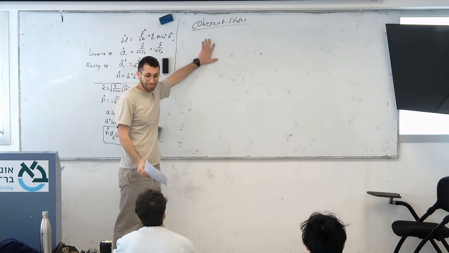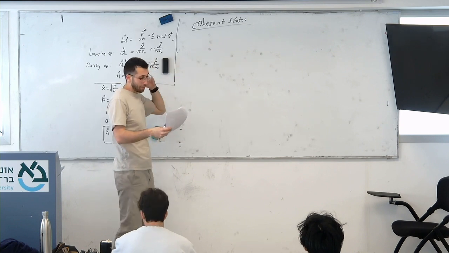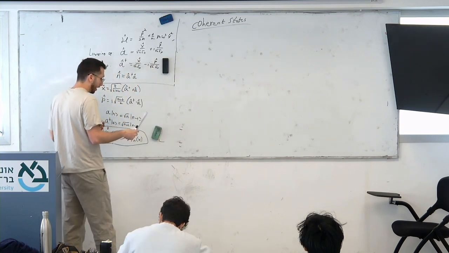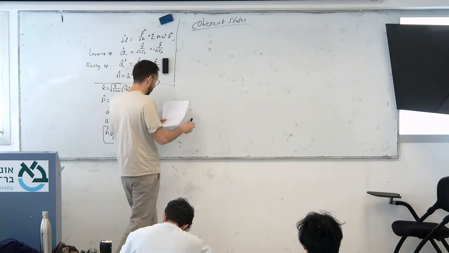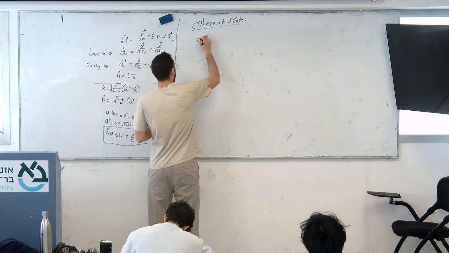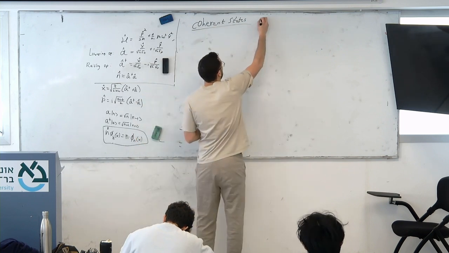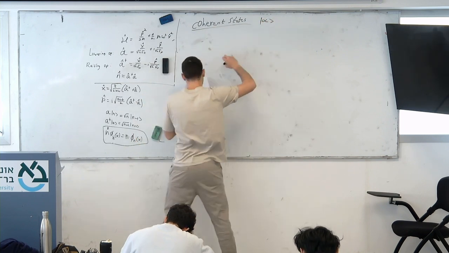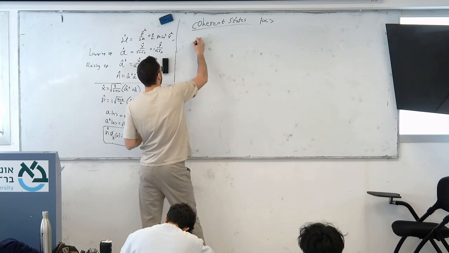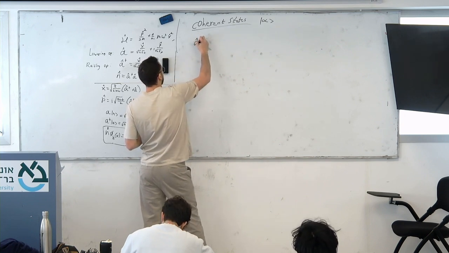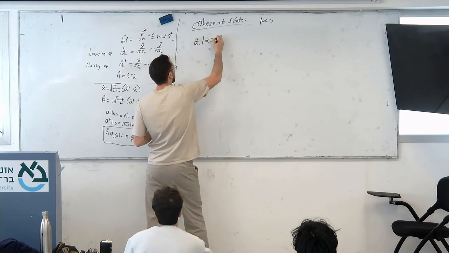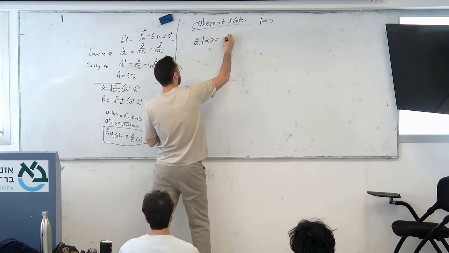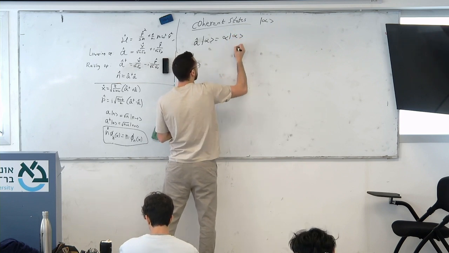What are coherent states? Coherent states are the eigenstates of the lowering operator. Meaning, coherent states, we denote them as alpha usually, and we say that the a operator applied on alpha will give us alpha times alpha.